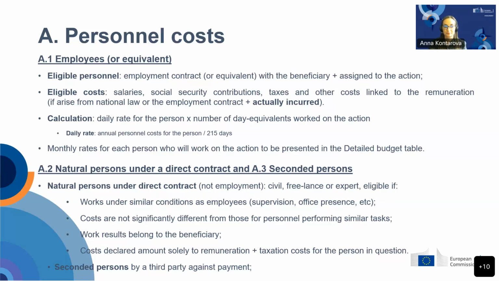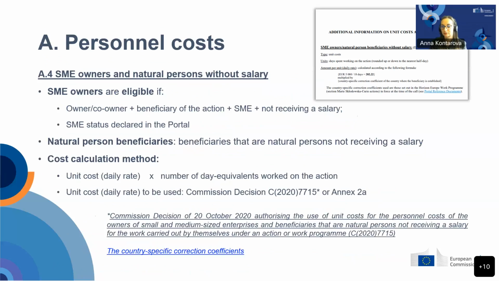Next slide, please. The fourth category which we have is SME owners and natural persons without salary. These are eligible costs in case we speak about the direct owners or co-owners of the SME. The SME has to be a beneficiary of the action, and the owners or co-owners do not receive salary.